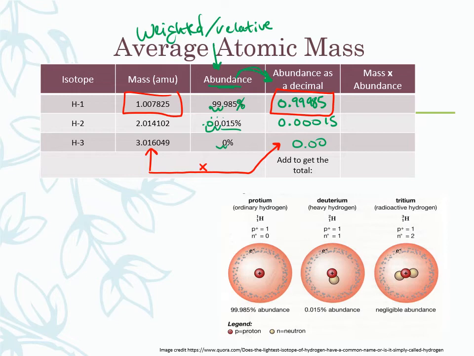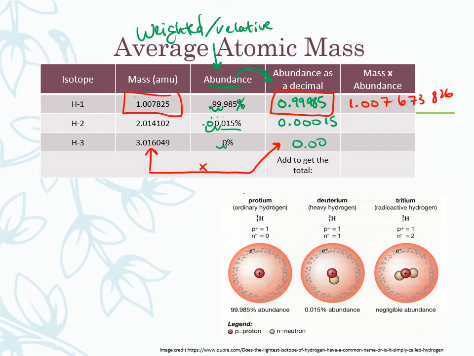With my calculator, 1.007825 times 0.99985 gives us a grand total of 1.007673826. How many sig figs do I keep?